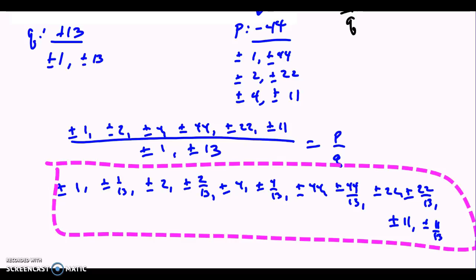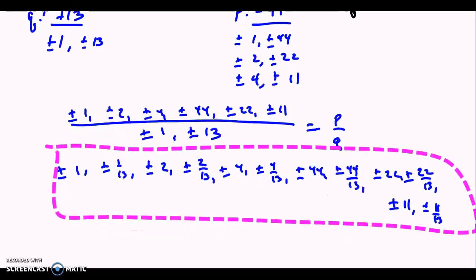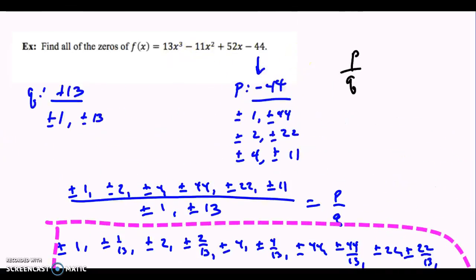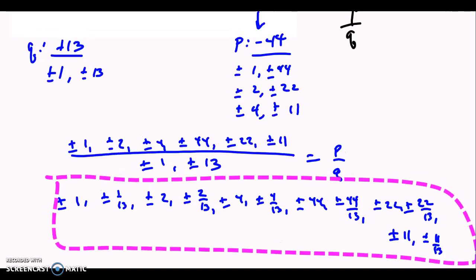There is no way that each one of those numbers is going to be an x-intercept on the function 13x cubed minus 11x squared plus 52x minus 44. In fact, 0 of those numbers could be on the graph, or 1 of those numbers, or 2 of those numbers, or 3 of those numbers, but it won't ever be more than 3 for a reason that I'll go into in the next video.